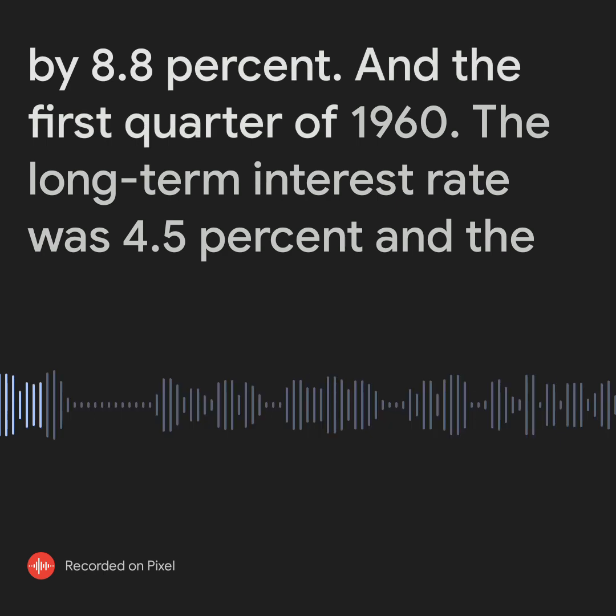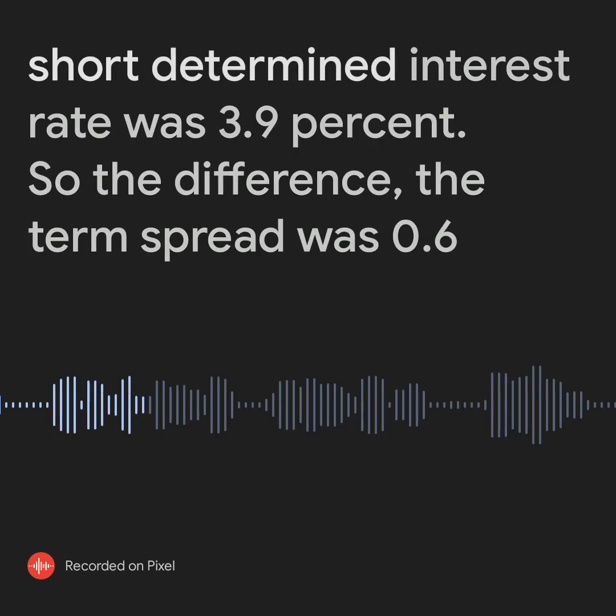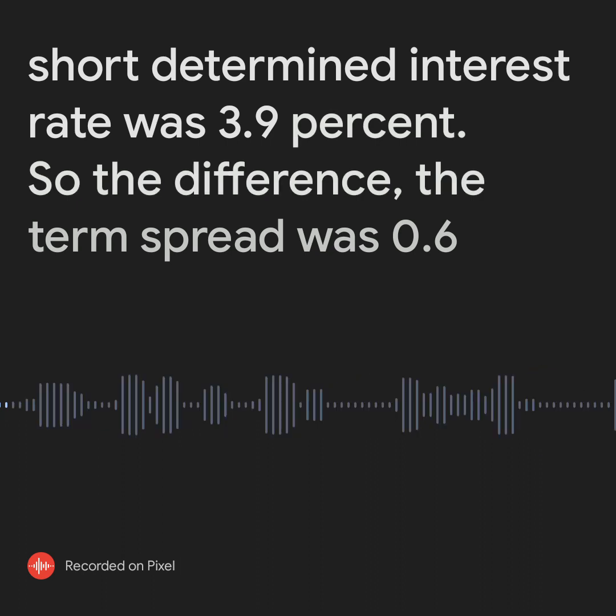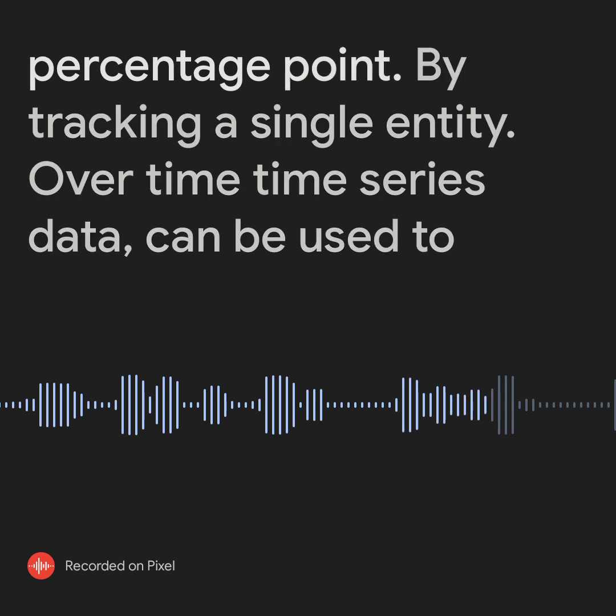In the first quarter of 1960, the long-term interest rate was 4.5% and the short-term interest rate was 3.9%. So the difference, the term spread, was 0.6 percentage points.